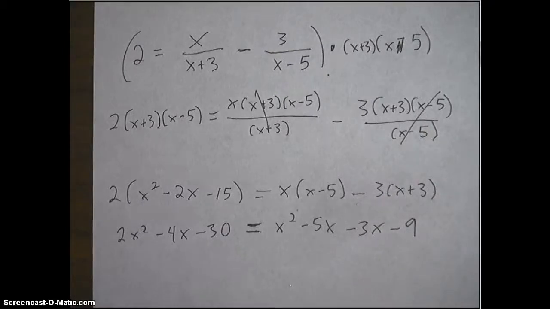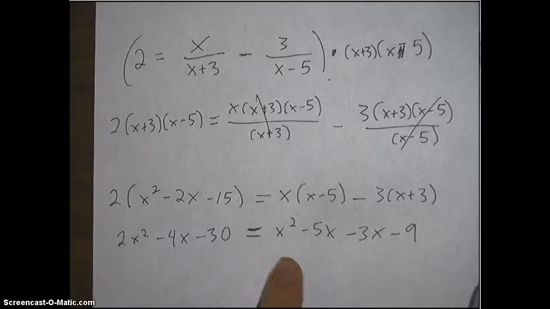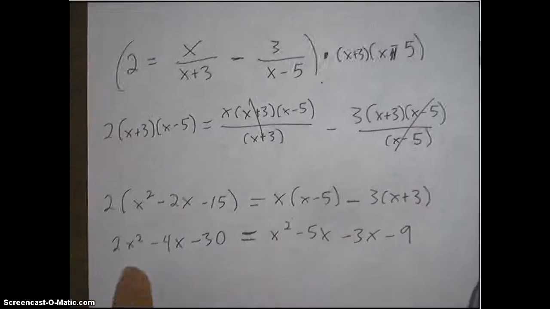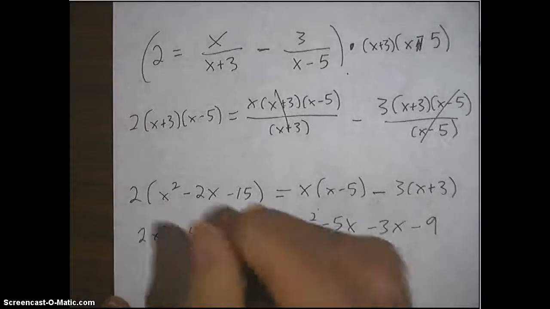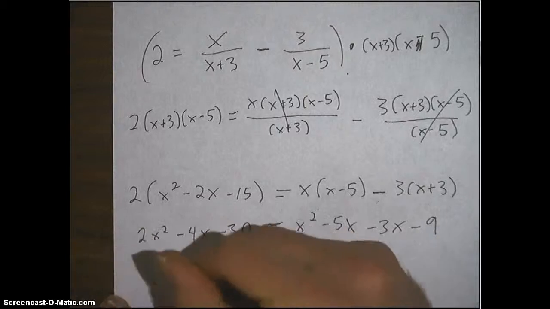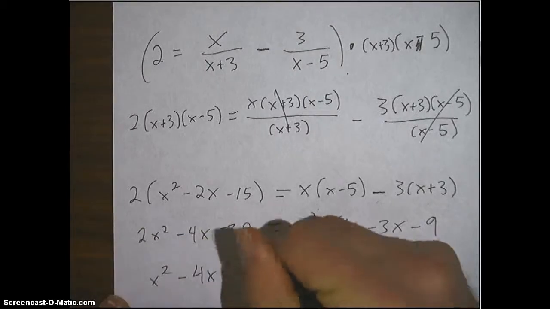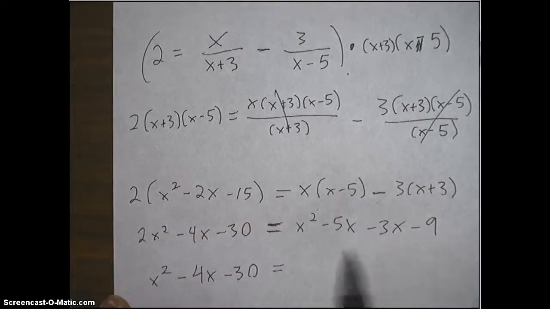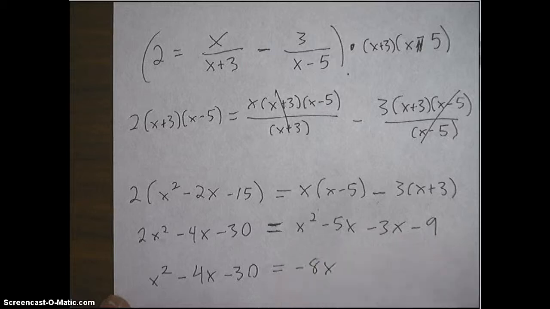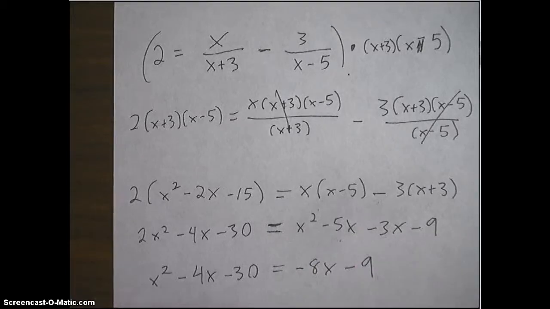Well, hopefully you can see this is a quadratic, so I need to get a 0 on one of the two sides. I'm going to get a 0 over here. I'm going to subtract that x squared over. That's going to give me x squared minus 4x minus 30 equals, I've got negative 8x here when I combine those two, and I still got that negative 9.